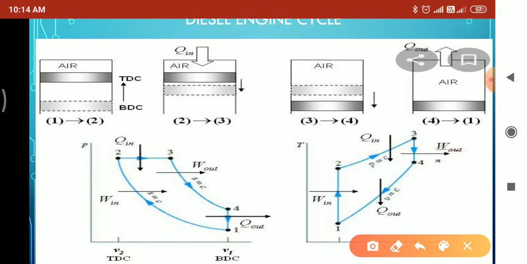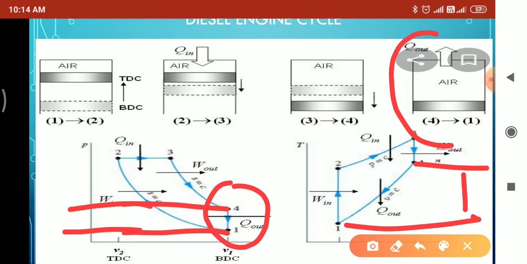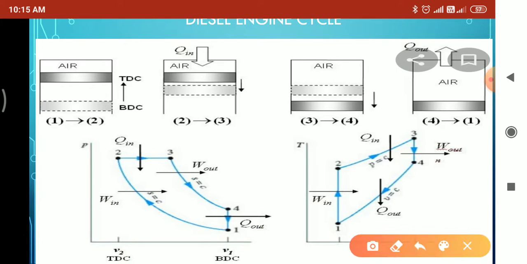And the last process, 4 to 1. See this one. In this process, volume remains constant, that is V1 equals V4. Pressure decreases from 4 to 1, and temperature decreases from 4 to 1.